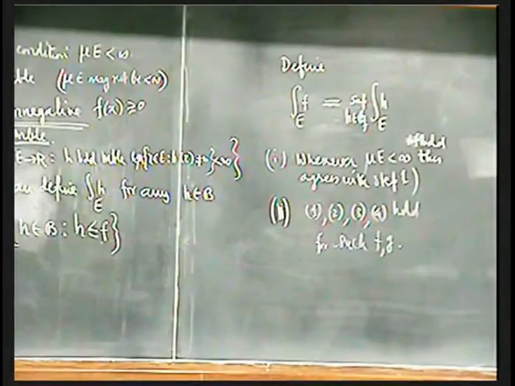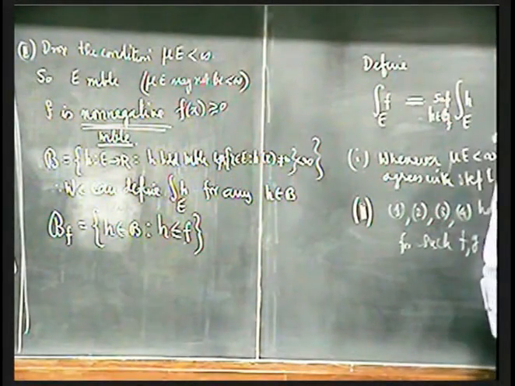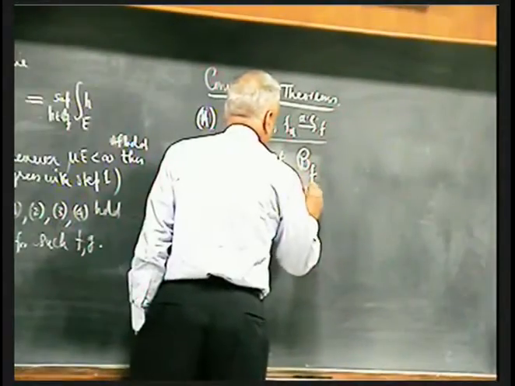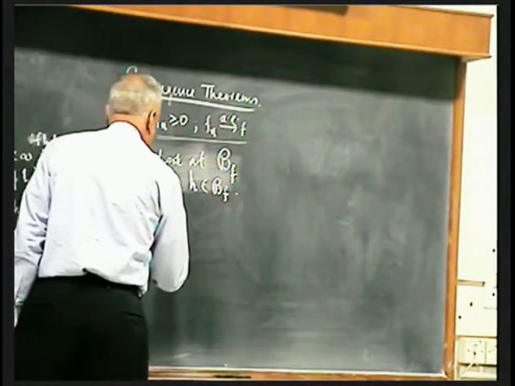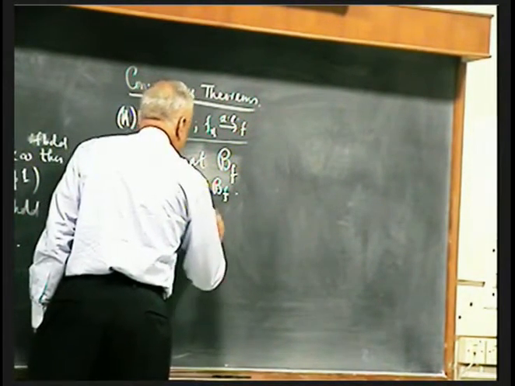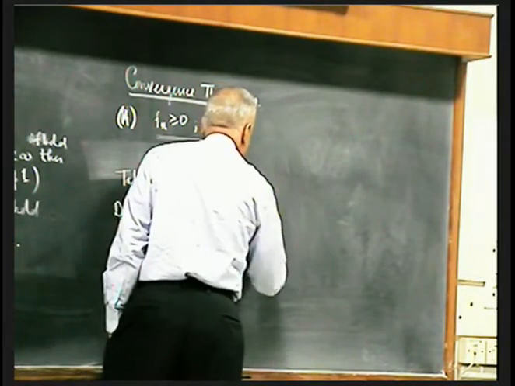They are dominated by f. So now take any h. Now define h_n(x) to be the minimum of h(x) and f_n(x).